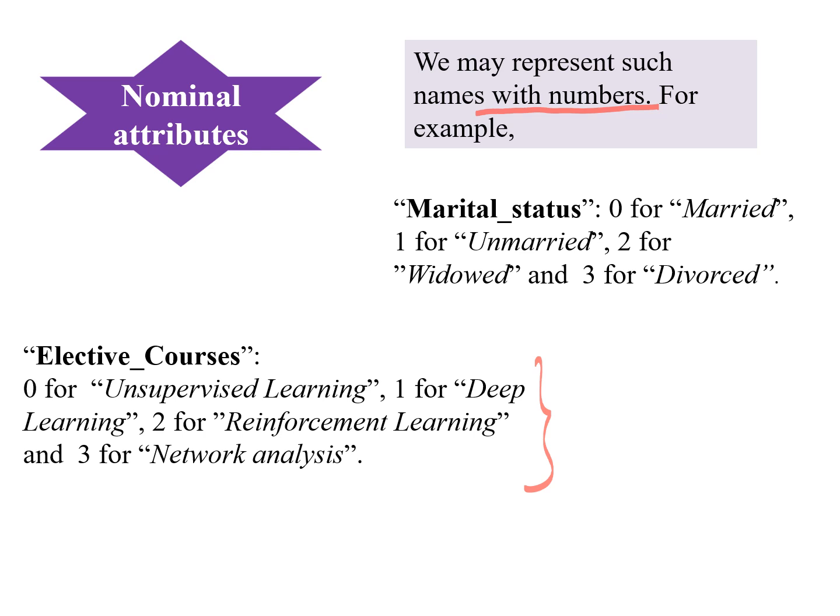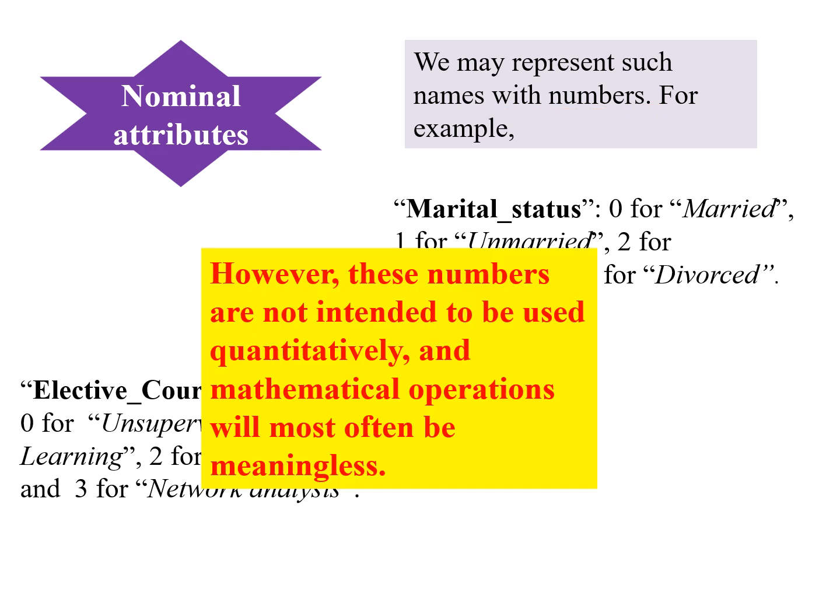But we must realize that these numbers are not to be used in a quantitative manner. Like you could not add or subtract these numbers. Even finding the mean would be meaningless.